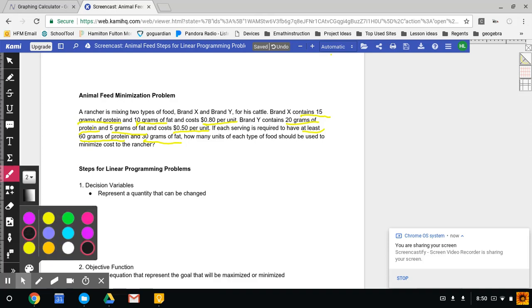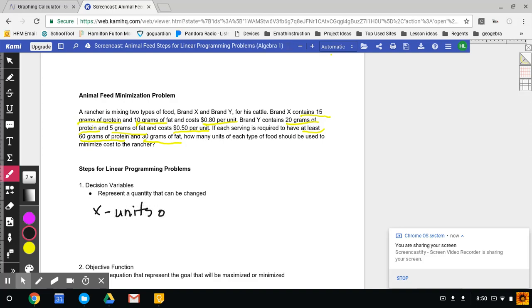So to start, we need to make some decision variables. There's two brands, brand X and brand Y. So the quantities I'm going to represent with X, and X will be the units of brand X food, and Y will be the units of brand Y food.